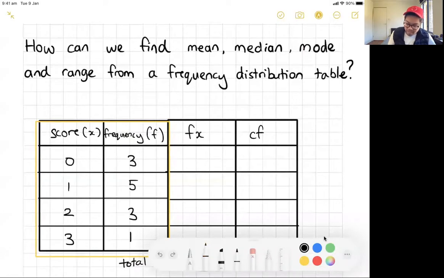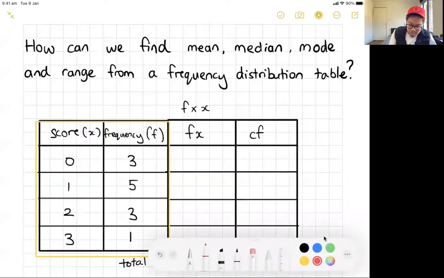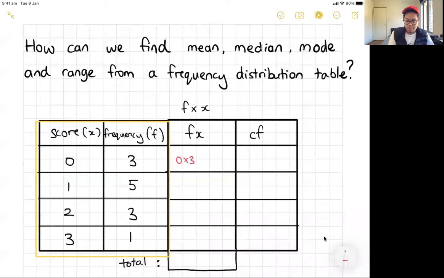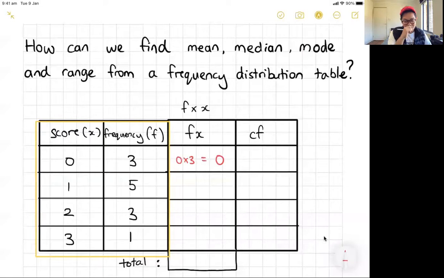Now, what does FX stand for? It's just your frequency multiplied by your score. So if we go here, I'm going to write this in red. I'm talking about 0 times 3, and what's 0 times 3? It's 0.